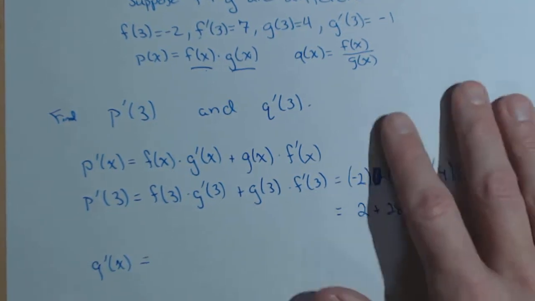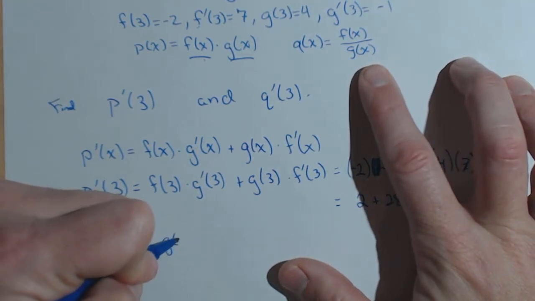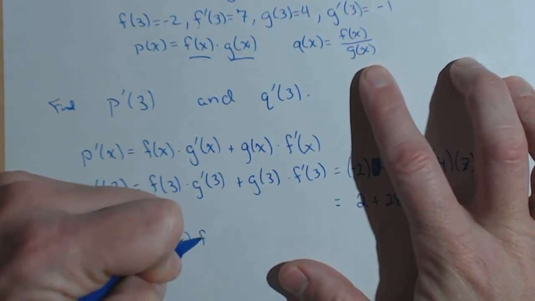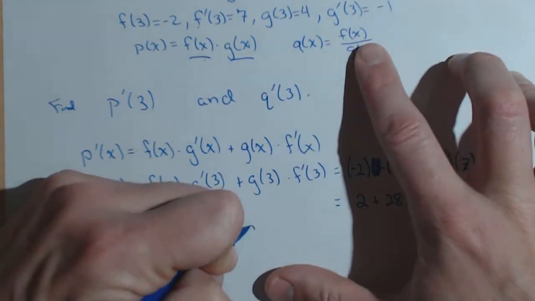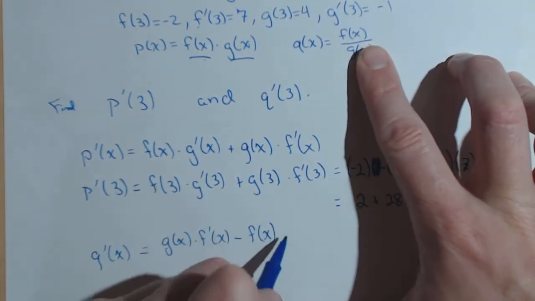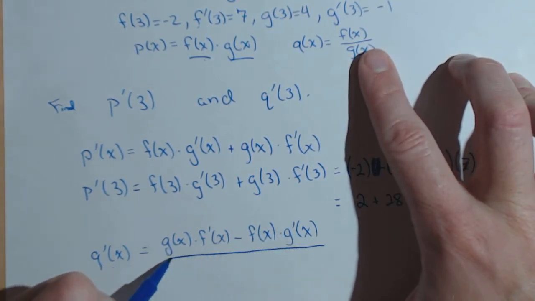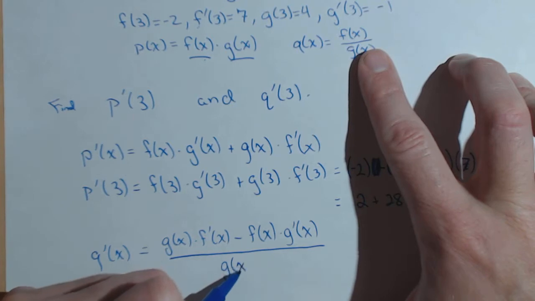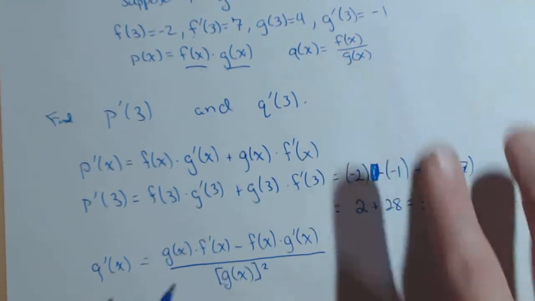Q prime of x is going to be our quotient rule. That's the denominator, g of x, times the derivative of the numerator, so f prime of x, minus the numerator, f of x, times the derivative of the denominator, g prime of x, all over g of x squared.